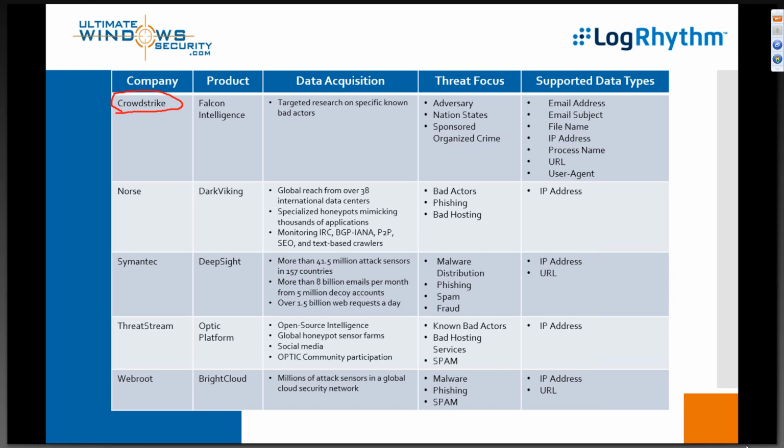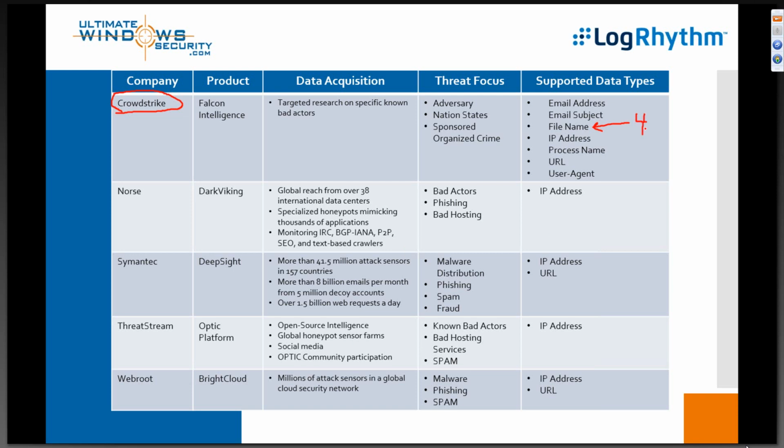And state-sponsored crime, they provide all kinds of data types, like you see on the far side there, email addresses, file names, and that might be useful especially to somebody like Randy who can name off every Windows event ID off the top of his head, if he can quickly go and find files that they're publishing that are known to be malicious. But a very great source for nation states, and just depending on what you're looking for, this is the kind of data they provide.